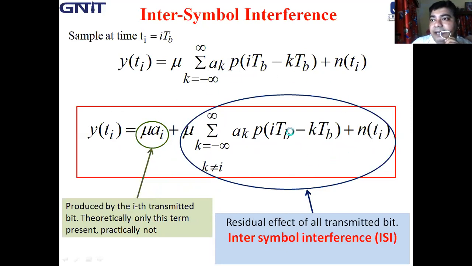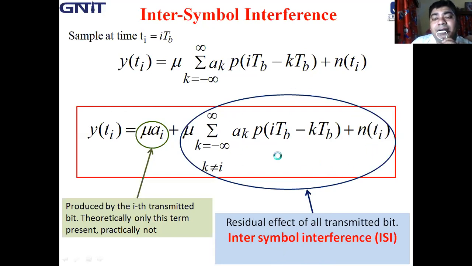And the second term represents the residual effect of all transmitted bits obtained at the time of sampling the ith bit. And this residual effect is known as inter-symbol interference.